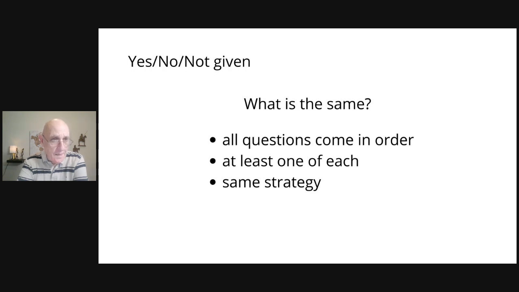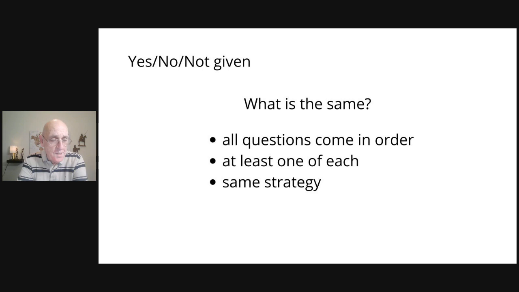So if you can't get a question, one of the strategies is to just keep moving, because maybe at the end you'll discover you didn't answer any of them with a no. So that question you couldn't get, if you haven't used no as an option, then the answer will be no. And the same is true for yes, or if it's not given.